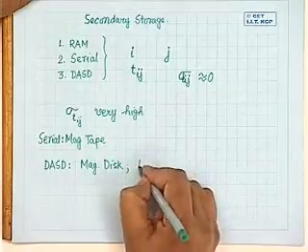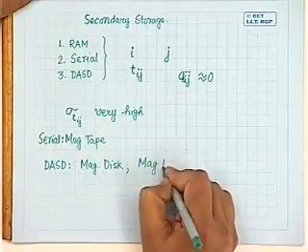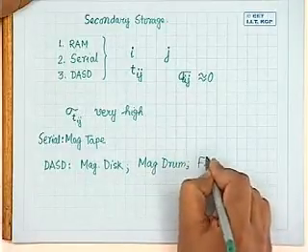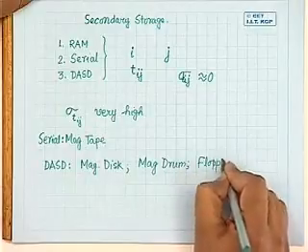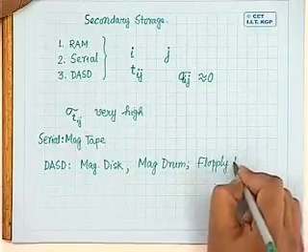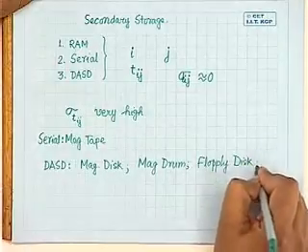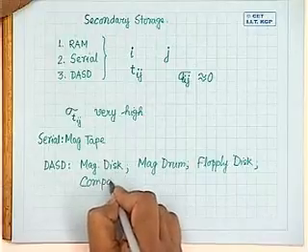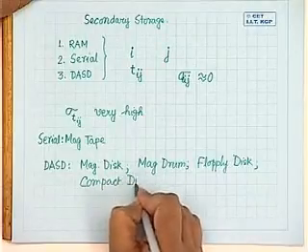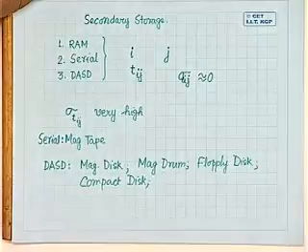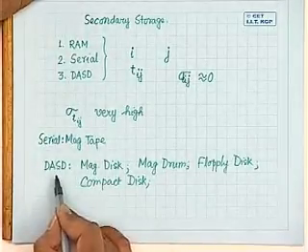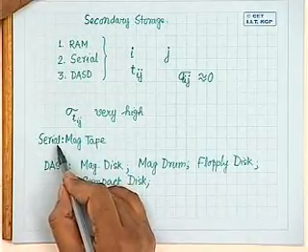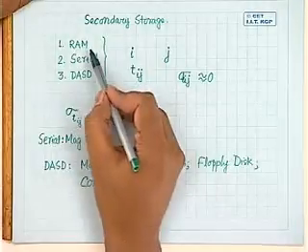It can be magnetic drum, it can be floppy drive or floppy disk, or even it can be your compact disk or optical disk. So all these different storage devices come under the category of DASD. Magnetic tape comes under the category of serial storage device, whereas the main memory comes under the category of random access storage device.